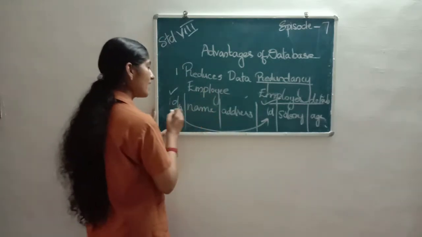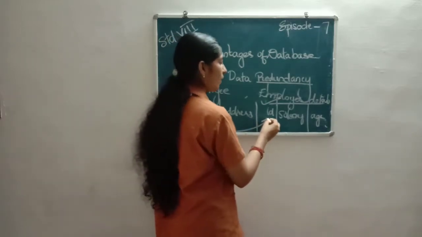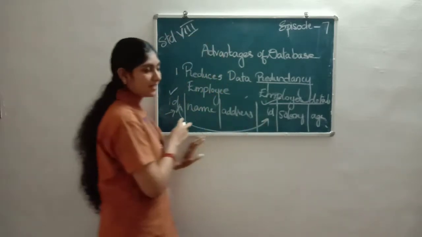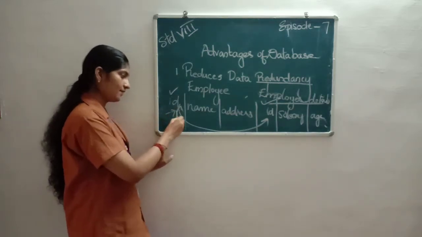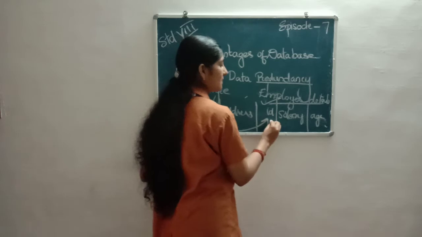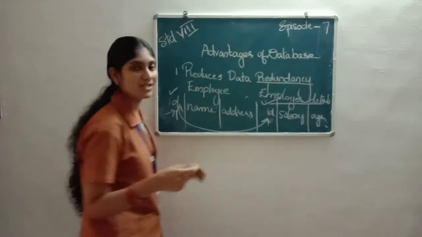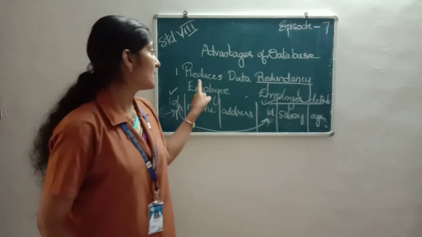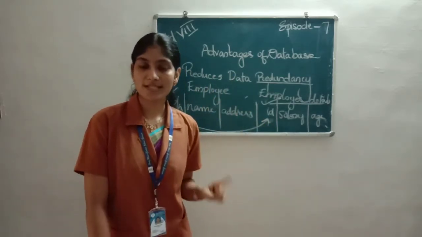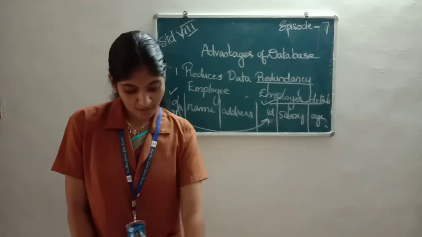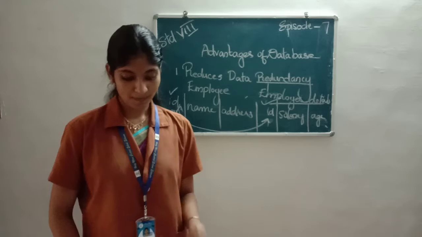If any updation occurs in ID number 1, it will automatically be replaced in any other files attached to it, right? So it reduces the data redundancy, that means it reduces the problem of data duplication.